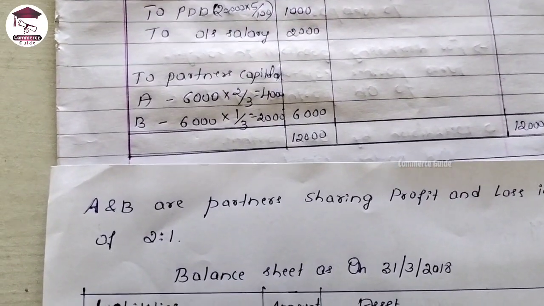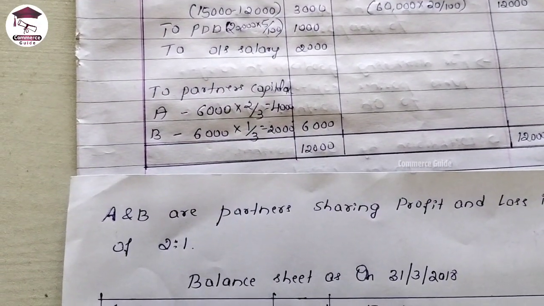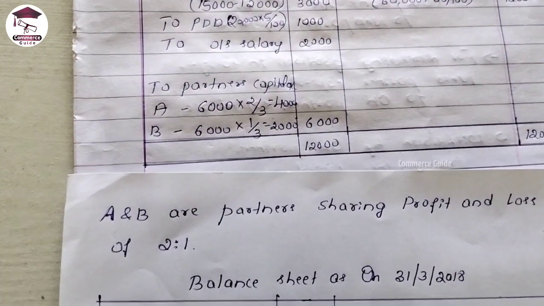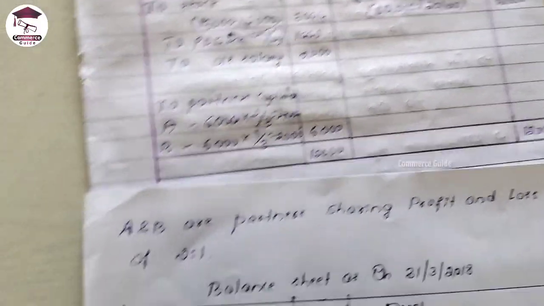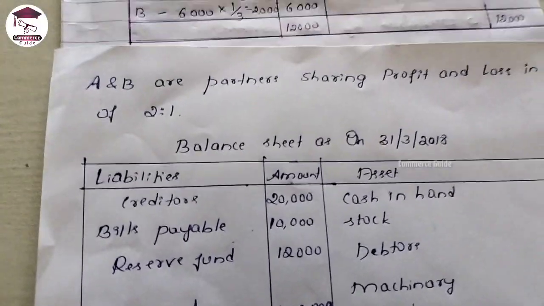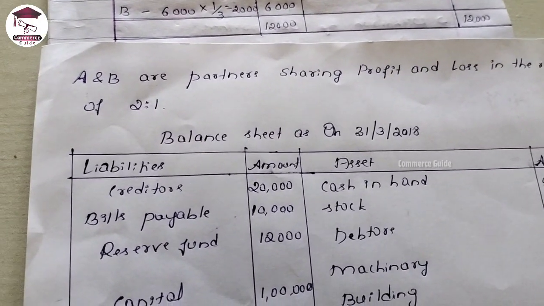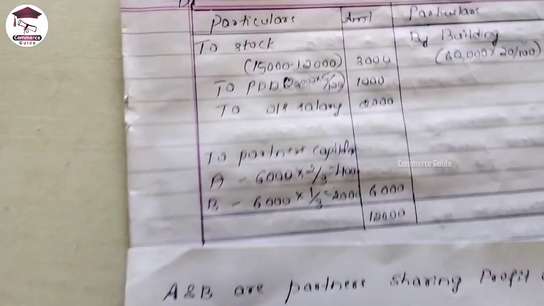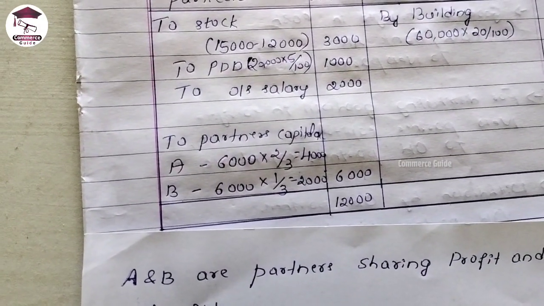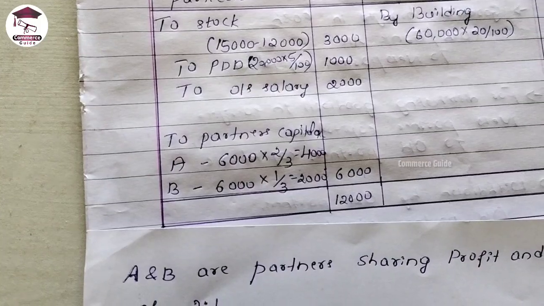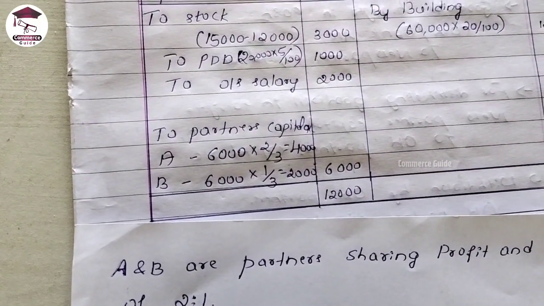So we need to share this 6,000 between the two old partners, A and B, in their share, the ratio 2:1. So 2 plus 1 is 3. 6,000 into 2 divided by 3, 4,000. 6,000 into 1 divided by 3, 2,000.